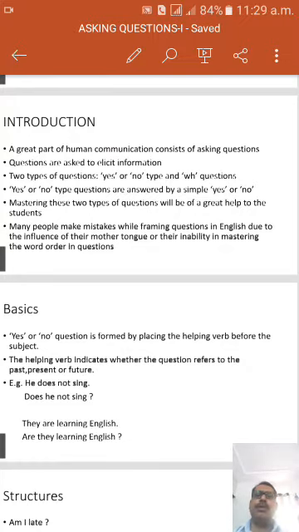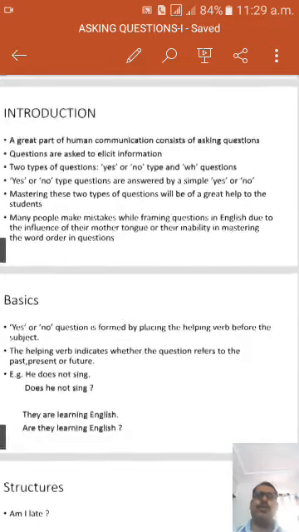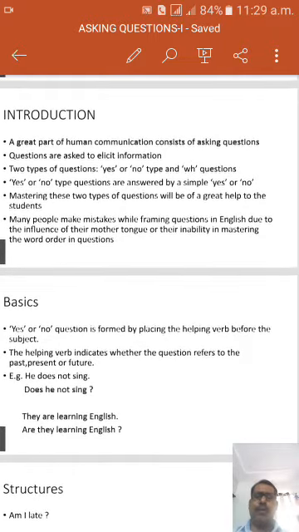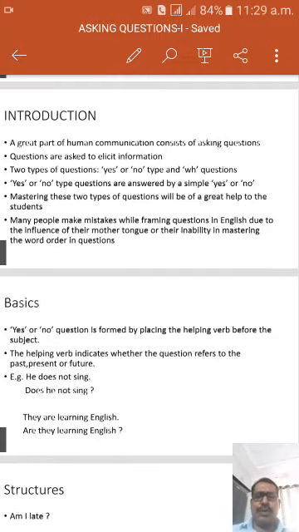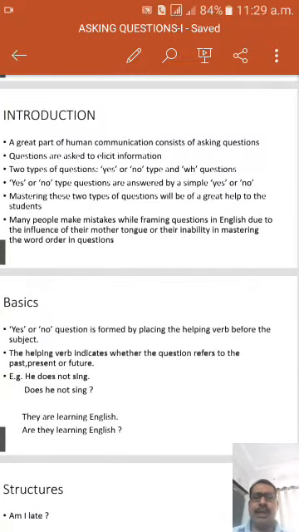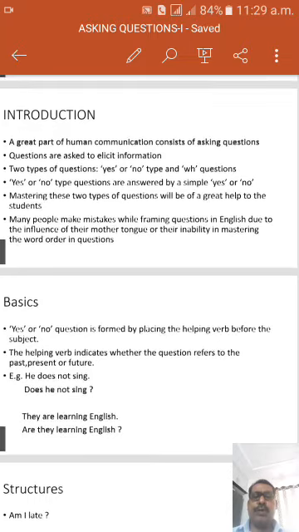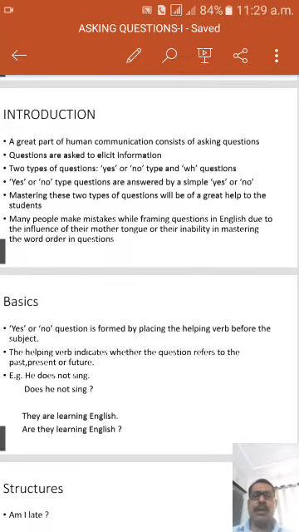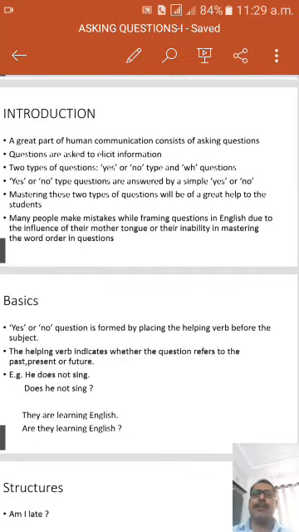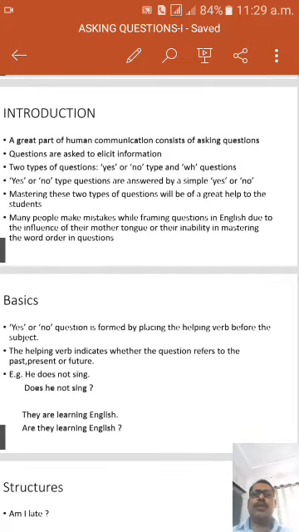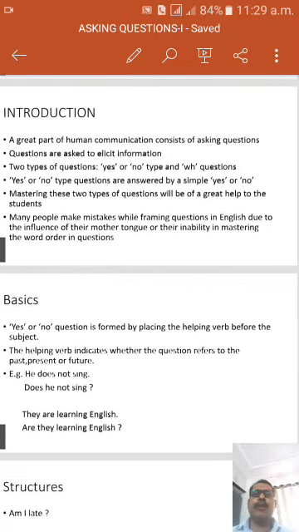Two types of questions, yes or no type and WH questions. There are two types of questions. The first is yes or no type questions. The second is WH questions. These are the two categories of questions we see in English language. Mastering these two types of questions will be of great help to the students.